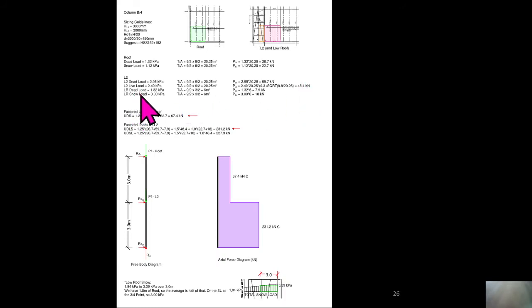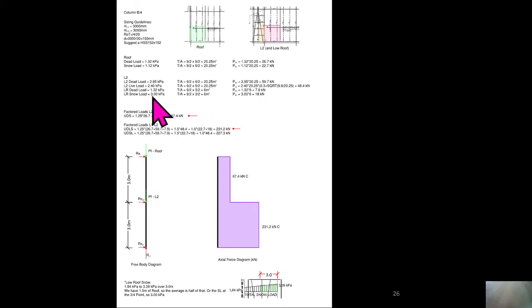We have some dead load and snow load acting on this column due to this low roof. We have 1.32 kPa times 9 meters divided by 2 times 3 meters divided by 2, and we get 7.9 kilonewtons.